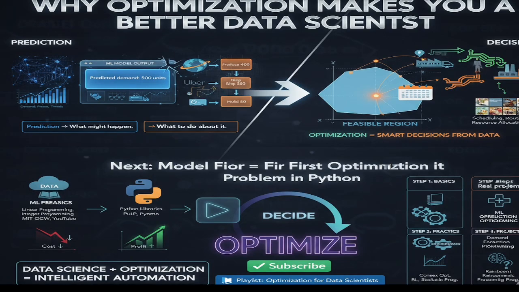Data science predicts and optimization decides. And if you master both of these and step into the data science field, then starting from now on, you will be called a decision scientist, and you will have a real world impact on a particular field, causing transformation. So let's start.